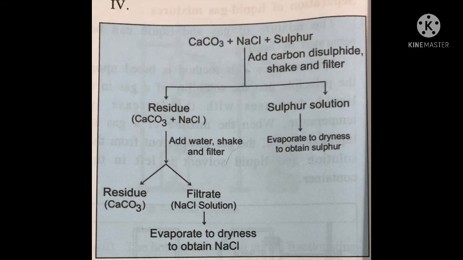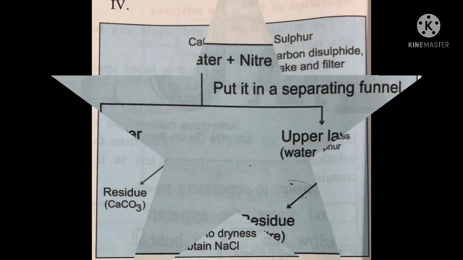Then to the residue we will add water, and again we use the filtration method, which gives calcium carbonate as a residue and NaCl solution as a filtrate, which on evaporation gives sodium chloride. On the other hand, the filtrate is evaporated, which evaporates the liquid part and the solid part, that is sulfur, is left behind.